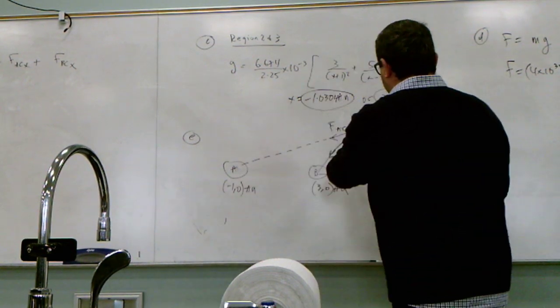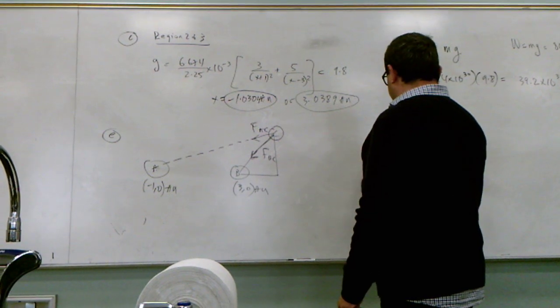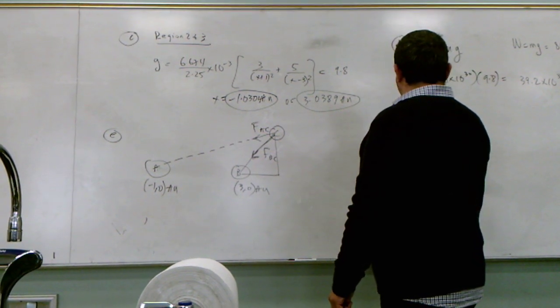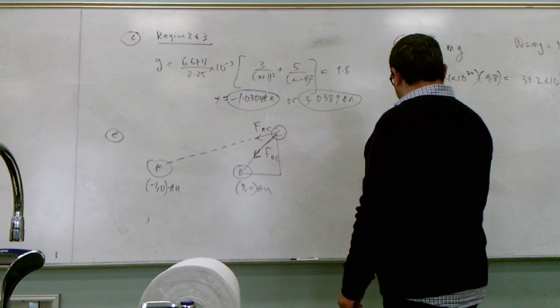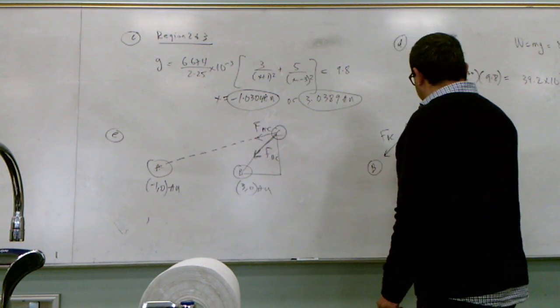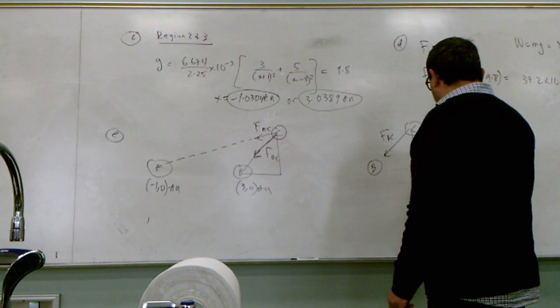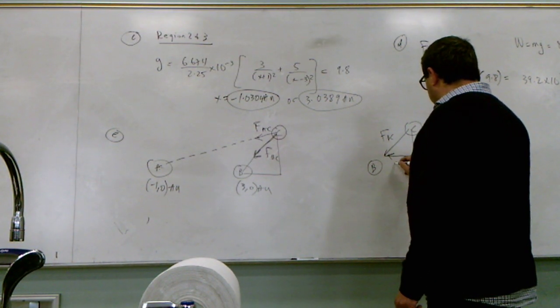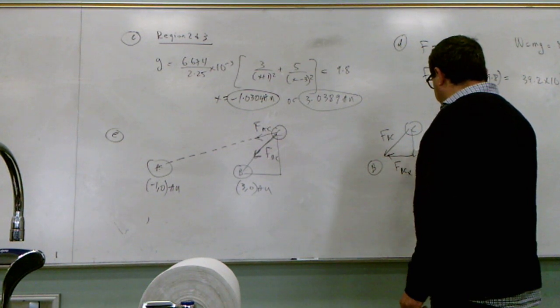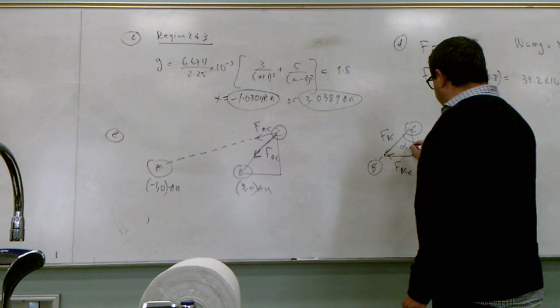So concentrate on this triangle for a second. So B, focus on that. B, C. This is FBC. Right, so this is the Y component, FBCY. This is the X component, FBCX. And call this angle, let's say, alpha.